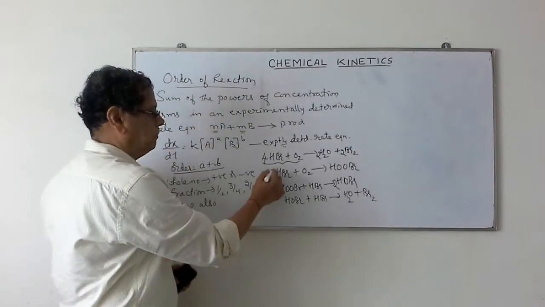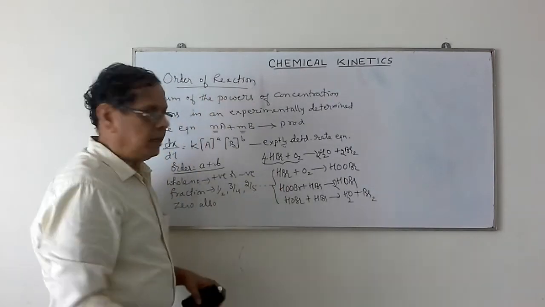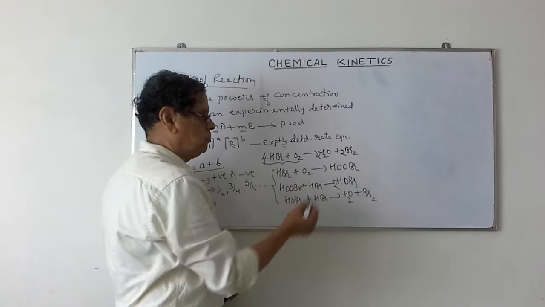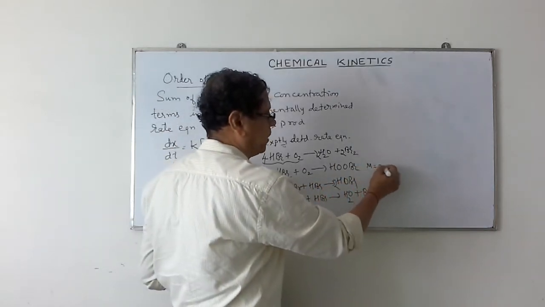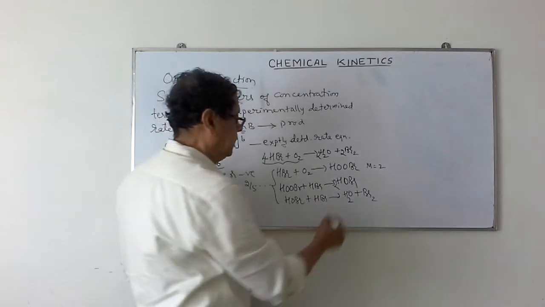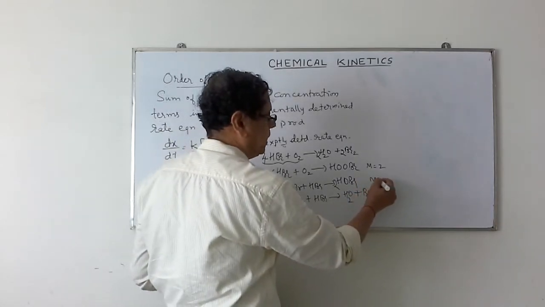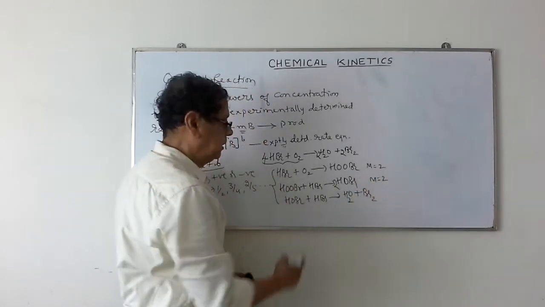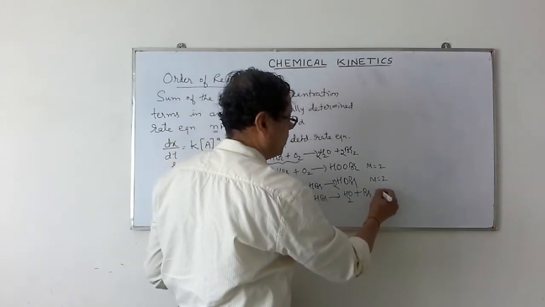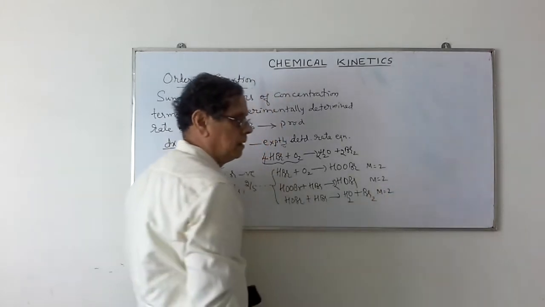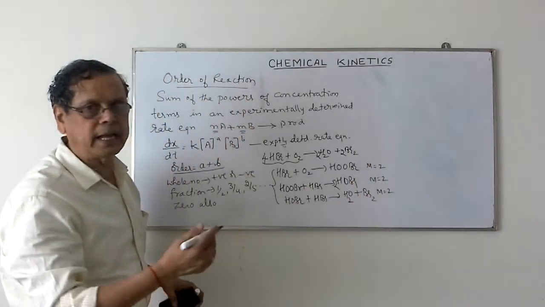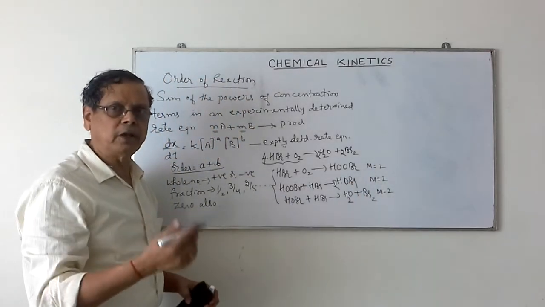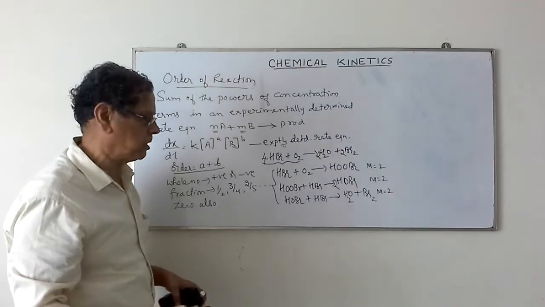As I told you in the previous video, in HBr plus O2 giving rise to HOOBr, two molecules are involved, therefore molecularity is equal to 2 for the first step. In the second step also the molecularity is 2. In the third step also the molecularity is 2. Don't say that it is molecularity 6. It is molecularity 2 for each individual step.